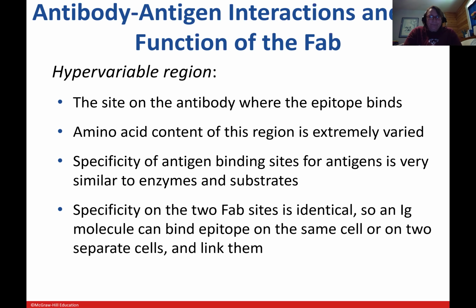Okay. Now, the two FAB sites, the two hypervariable sites, are actually identical. And so you're basically grabbing onto two identical parts of that antigen. So it can bind an epitope on the same cell, or on two separate cells and actually link them. So let's say you have an E. coli here that has an antigen here, and you have an E. coli here that has that same antigen.